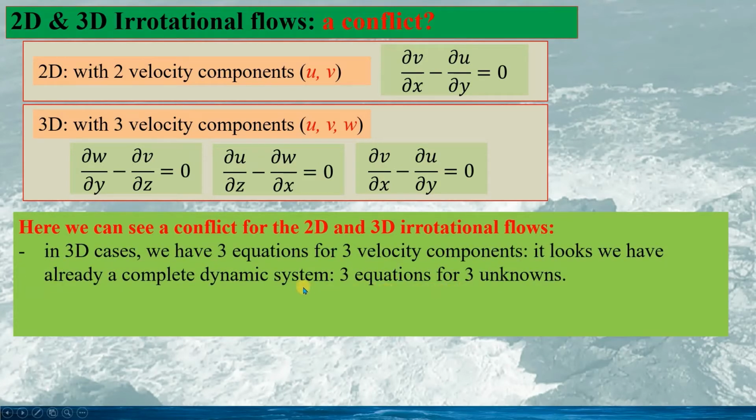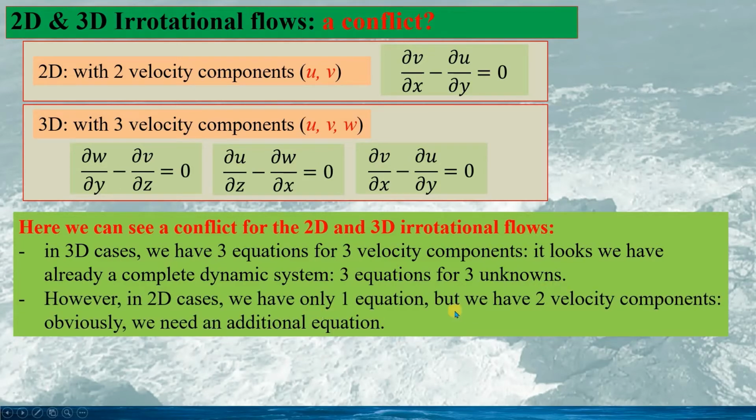In 3D, we have three equations for three velocity components. Can we say this is a complete dynamic system because of three equations for three unknowns? While in 2D, we have only one equation, but we need to solve two velocity components. That means we need an additional equation. Why do we have such a conflict for 2D and 3D irrotational flows?